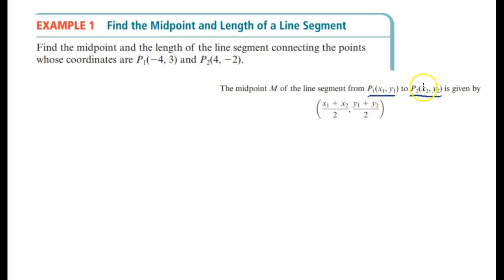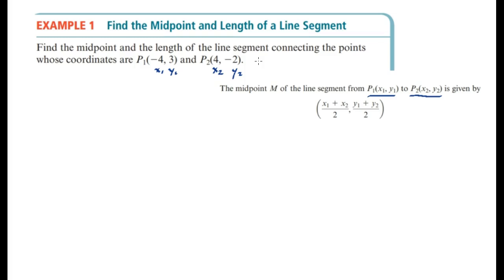So we have this ordered pair here, and this would be x1, and this would be y1. And then we have the second point with x2 and y2.